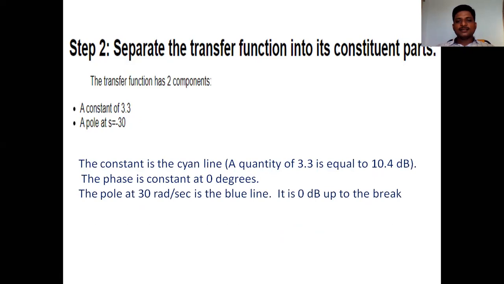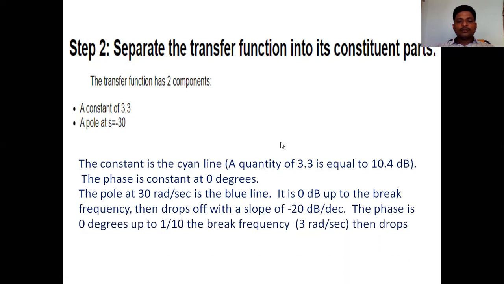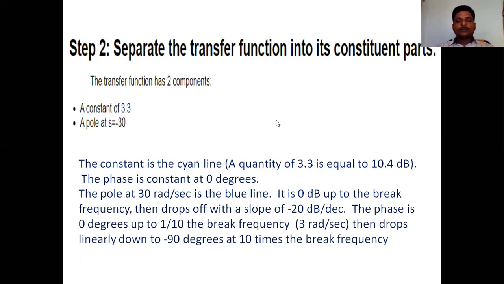For a constant, the quantity is equal to 10.4 dB, which means you have to convert that k term into dB using your calculator. Next, a pole at 30 radians per second, which means at s equal to 30 we are having a pole, and it is in the form of 1 by st plus 1.